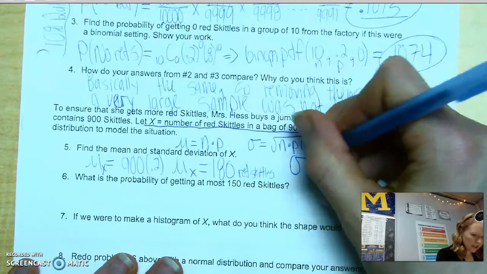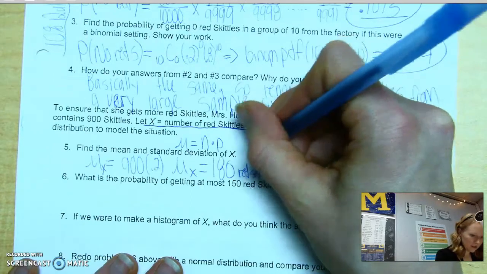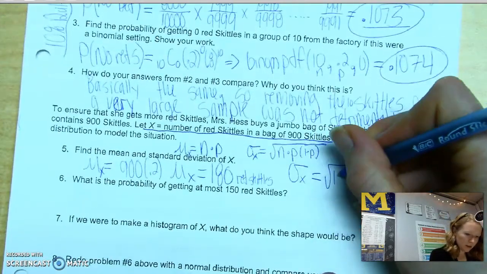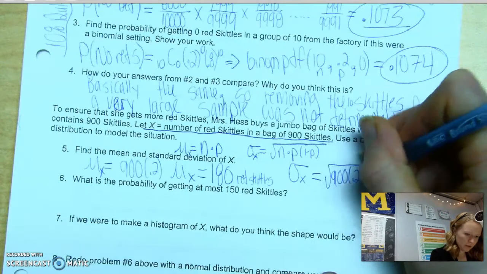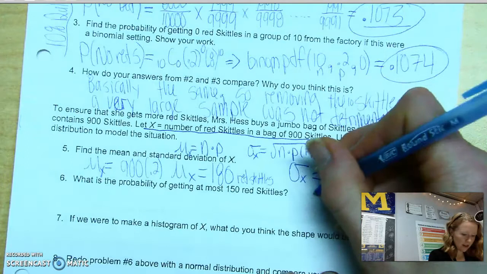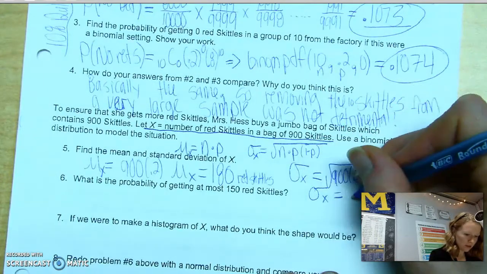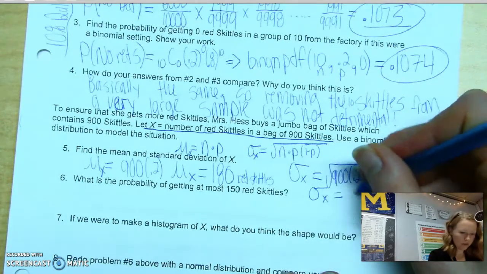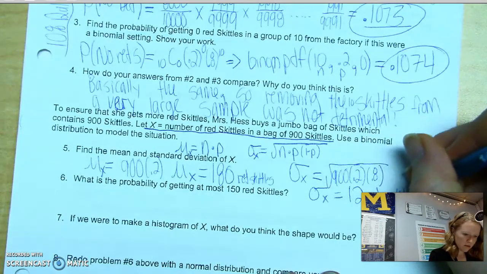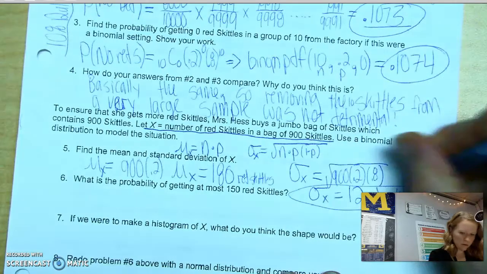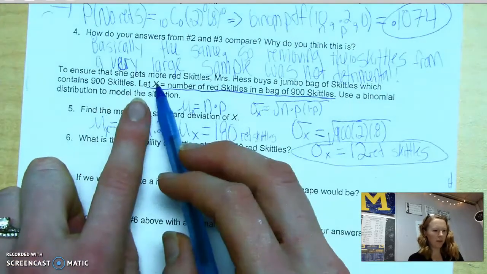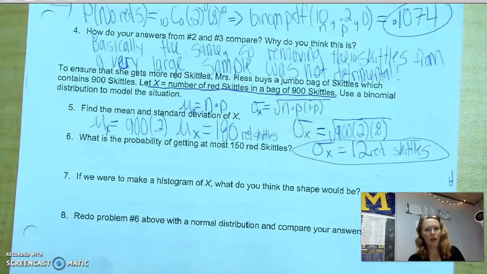And then the standard deviation of X is equal to the square root of 900 times 0.2 times 0.8. When I calculate that, I get the square root of 144, which gives me 12 red Skittles.